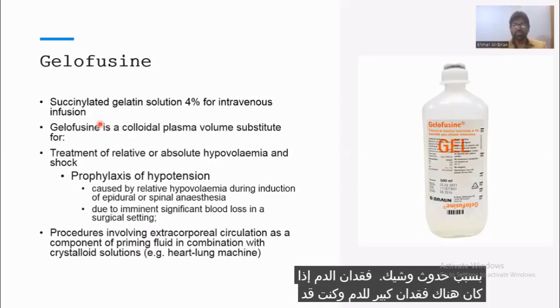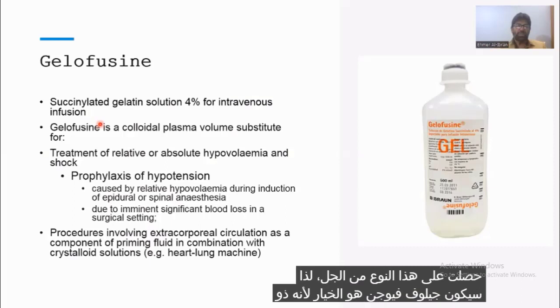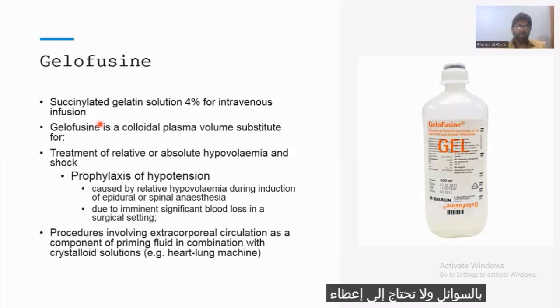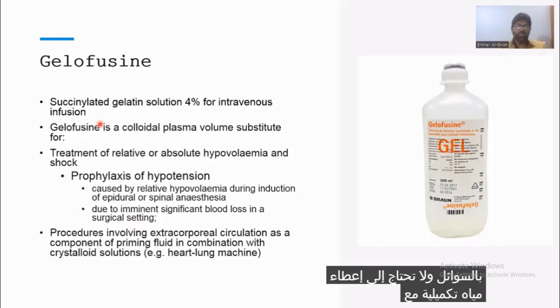If significant blood loss is there, Gelofusine would be the choice because it has a higher molecular weight, it may retain the fluid, and you don't need to give supplementary water along with this.